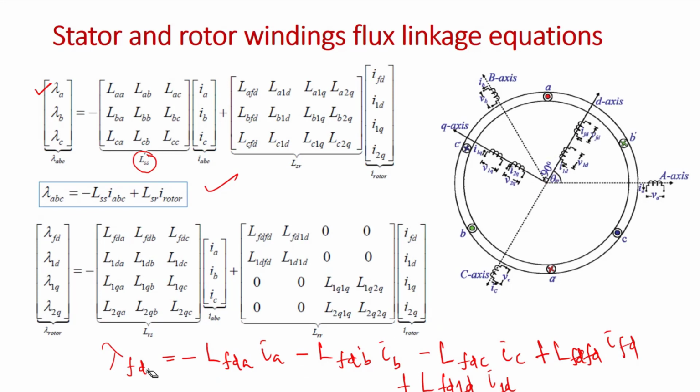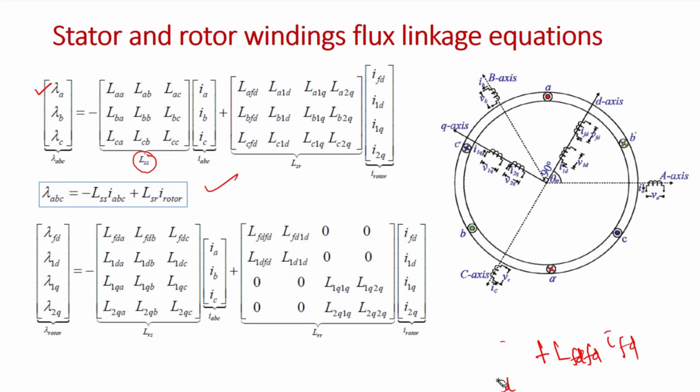Similarly, writing all flux linkages between stator and rotor, if I combine all the flux linkage equations in the rotor circuit, it will look like this in the matrix form.